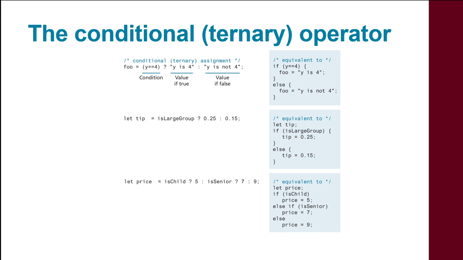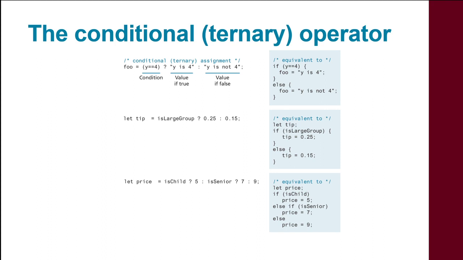It's a little bit more confusing to read. So what it's saying is foo equals, and then you have your condition. So if y equals 4, then if it is true, do the string y equals 4. If it is not, do y is not 4.